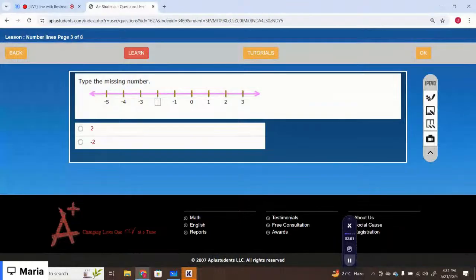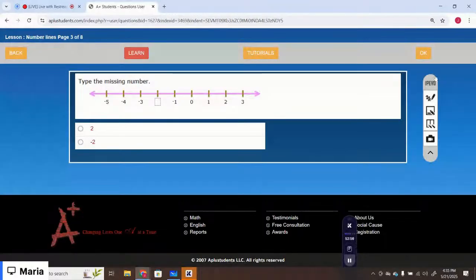Okay, type the missing number. So which number is missing? Type the missing number.